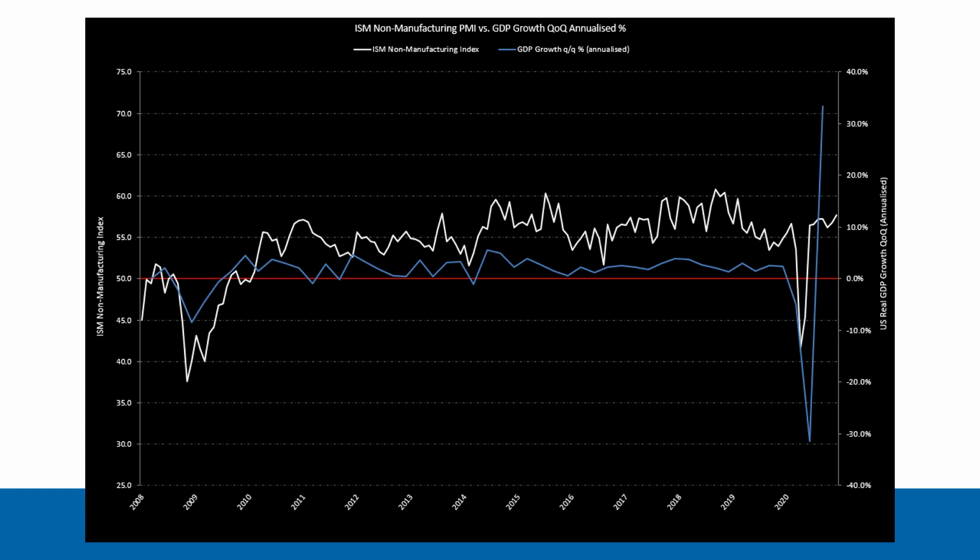But if you look at the chart, you can see in the vast majority of times, non-manufacturing index and GDP growth move in the same direction, even though the data is only going back to 2008. We can definitely denote that they move in the same direction. What we also get is our peak and trough levels.